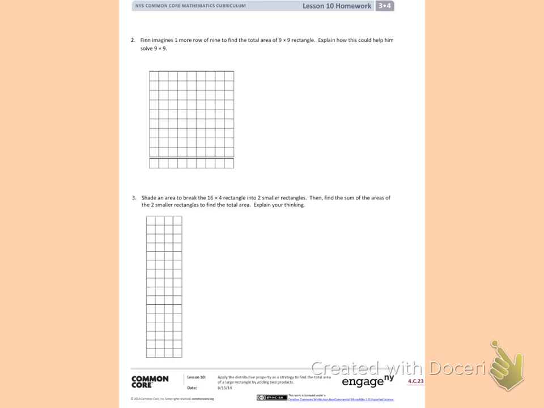Well, for me, it is easier to multiply by 10 than it is by 9.